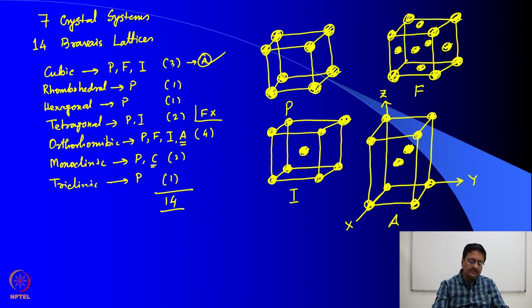And in case of tetragonal, if you try to make a face-centered tetragonal lattice, you will see yourself that there is a possibility of having a smaller volume body-centered tetragonal lattice, and that is considered as the Bravais lattice and not the face-centered tetragonal lattice. So we have a restriction on the number of different possible crystal systems and different possible Bravais lattices.